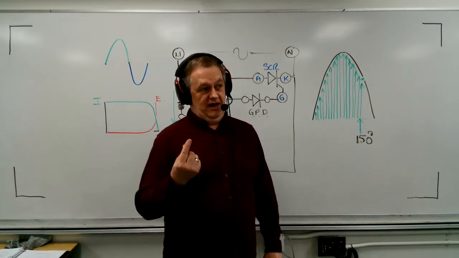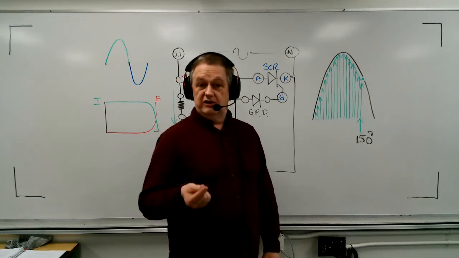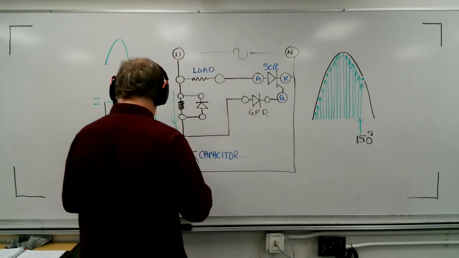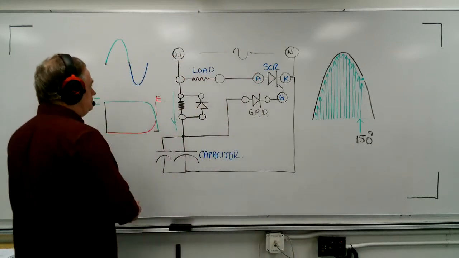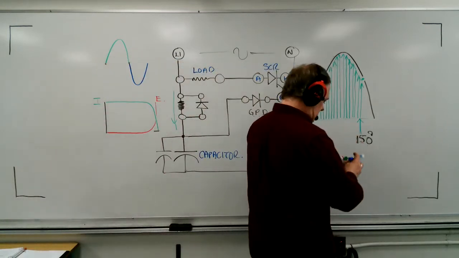And so remember, you can use this RC triggering circuit in a half wave rectifier with the SCR, or you can use it in a full wave. Let me just show you the waveforms over here a little bit to the side.